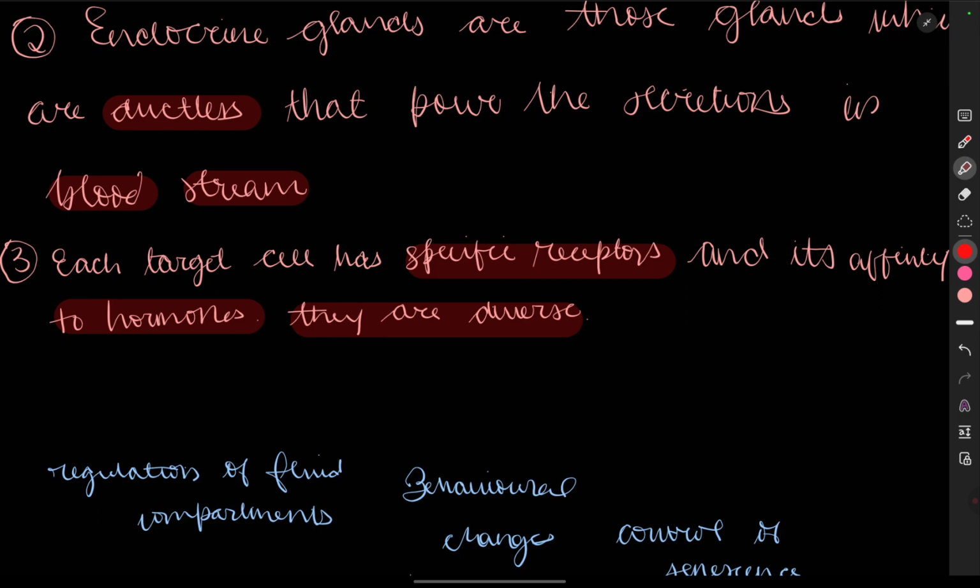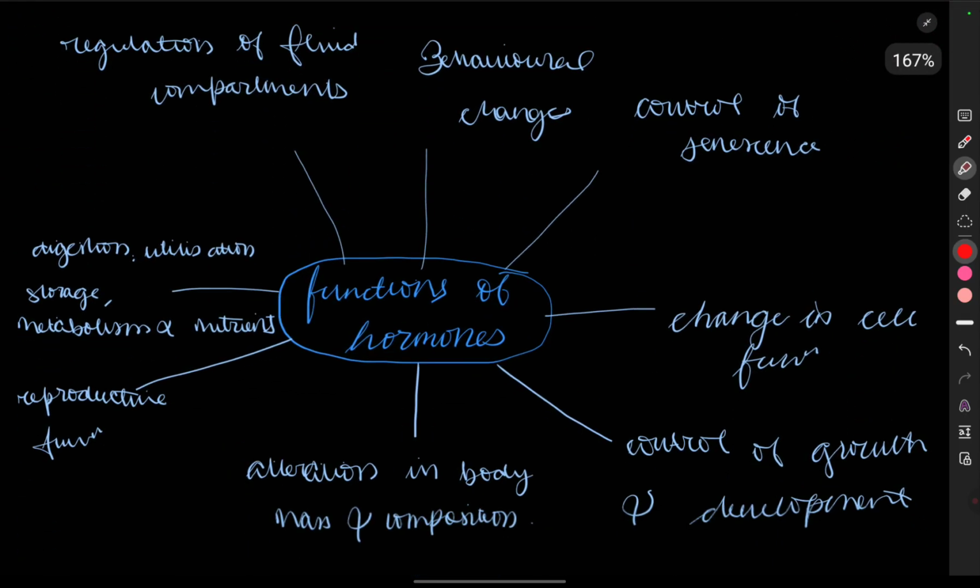Different types of target cells have specific receptors, the hormones bind on these receptors, and every single tissue or organ has its own affinity to bind the hormone. There is a wide variety of affinities.